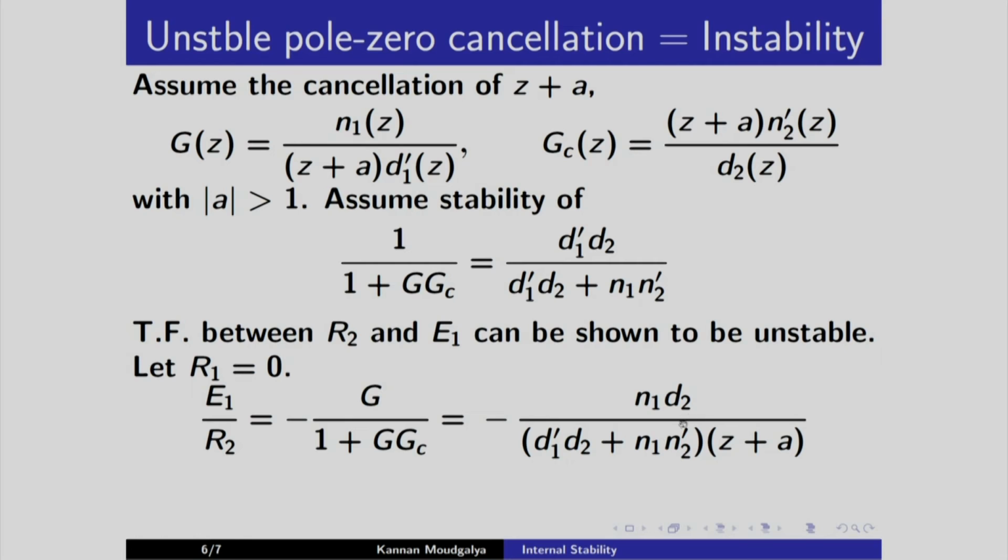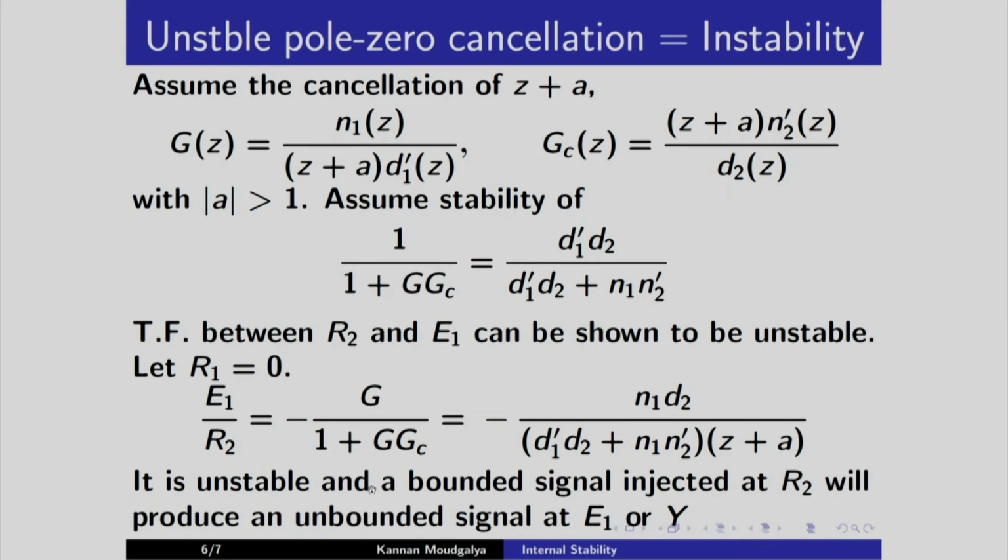Note that after all cancellations I still have Z plus A, and hence this transfer function is unstable, and hence a bounded signal injected at R2 will produce an unbounded signal at E1 or the system output Y.